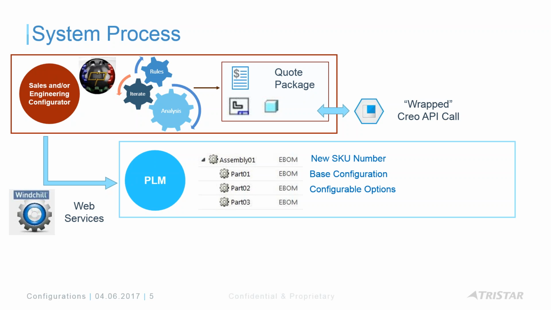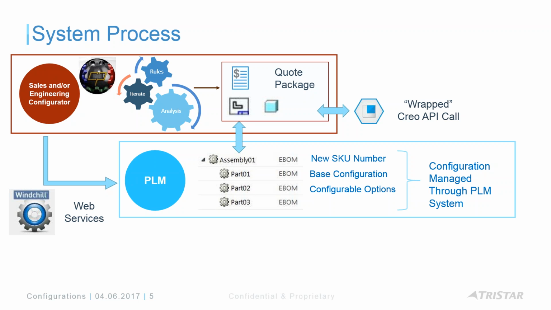What that allows us to do is manage the configuration that we're developing from the configurator using standard PLM functions in Windchill. Further, we can link all this CAD data, as you might expect, to this product structure so that we can track which product was quoted, have that quote attached to the new part, and clearly have the CAD data attached to the Windchill parts as well.